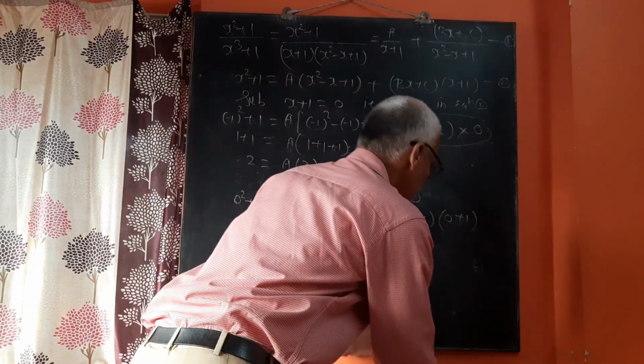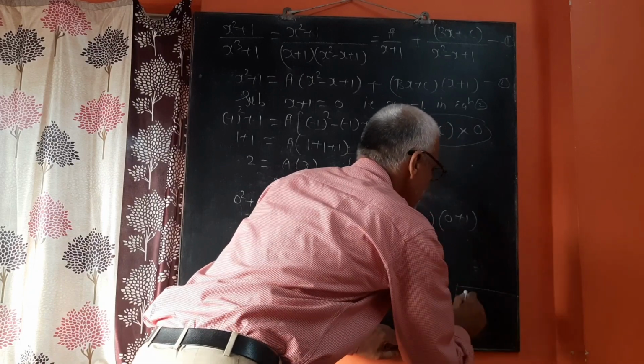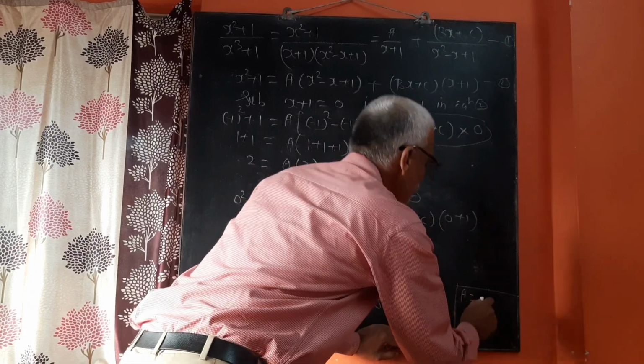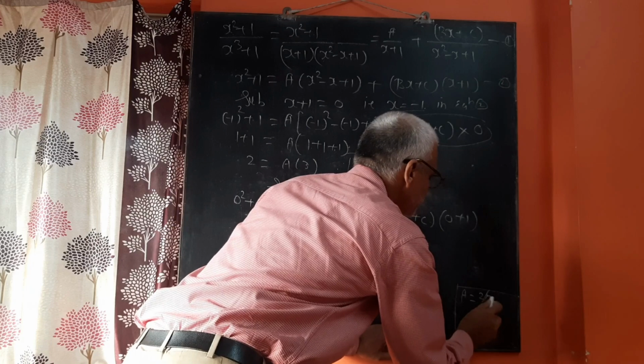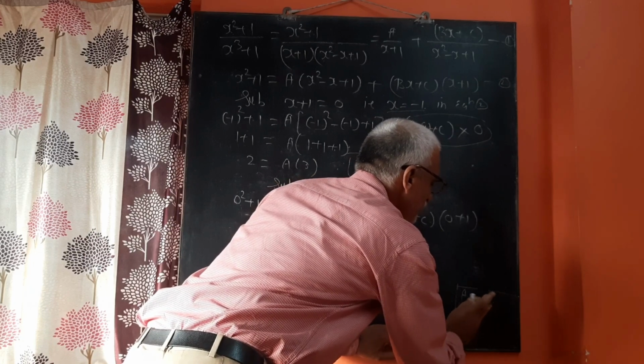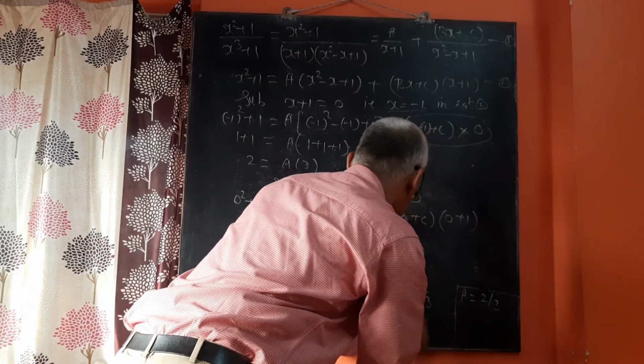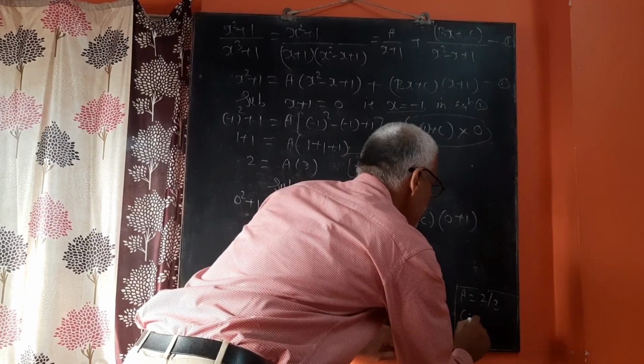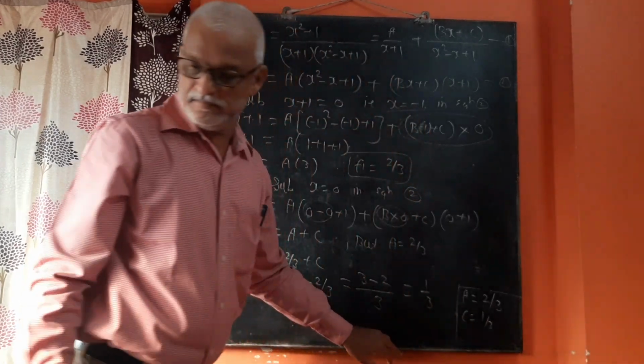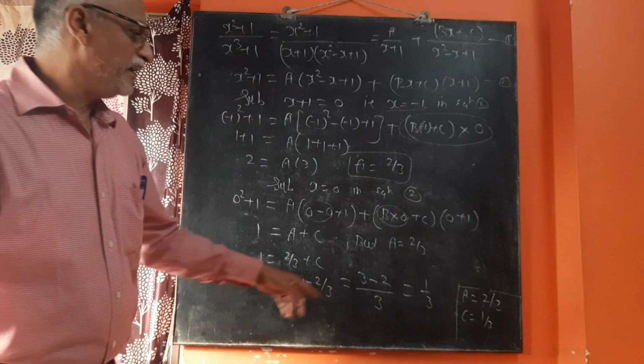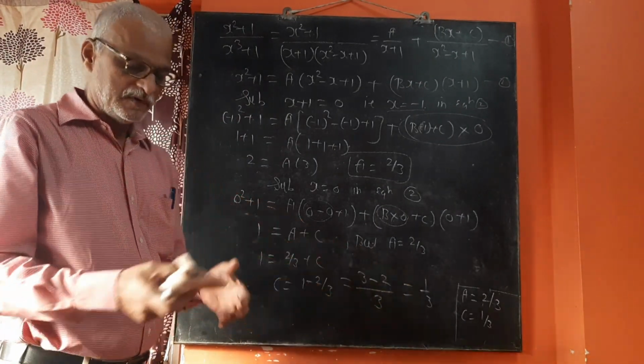So we have got the two values. The first one is a equals 2 by 3, and the value of c is equal to 1 by 3. You have got two values, a is 2 by 3 and c is equal to 1 by 3.